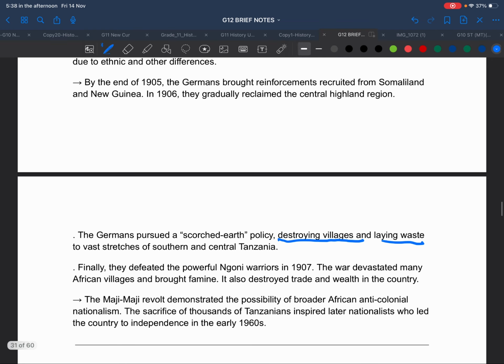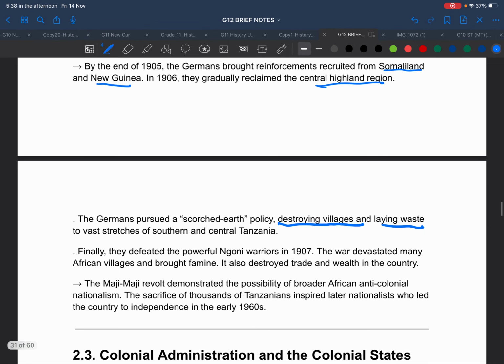What is important here is that the Germans brought reinforcements recruited from Somaliland and New Guinea. These were soldiers involved in the German army, and they reclaimed the central highland region of Tanganyika. They followed this policy and devastated Tanganyika.